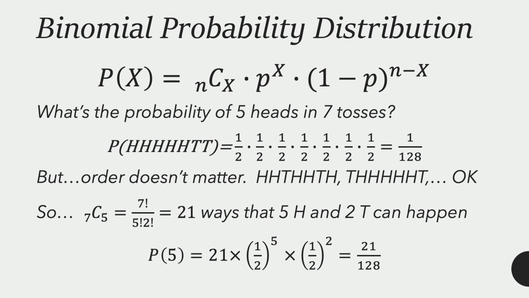So there's 21 ways that we can actually get 5 heads and 2 tails. So if you take the 21 ways you can have 5 heads and 2 tails, and the 1 in 128 possibility that you could get 5 heads followed by 2 tails in that specific order, then the way you could get 5 heads and 2 tails in any order would be 21 over 128.